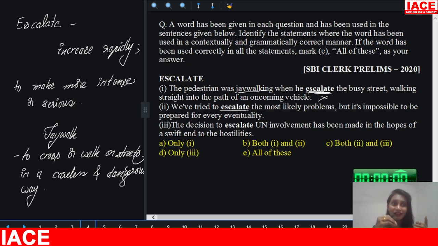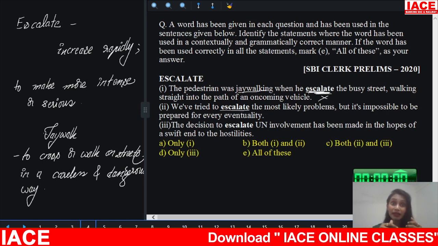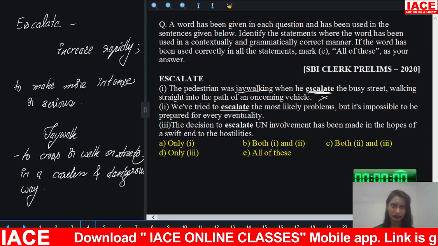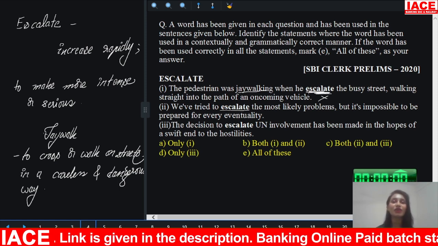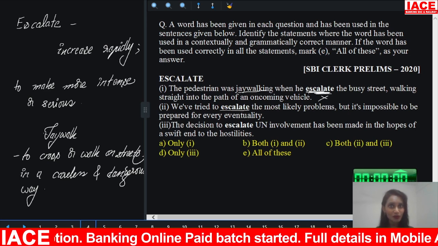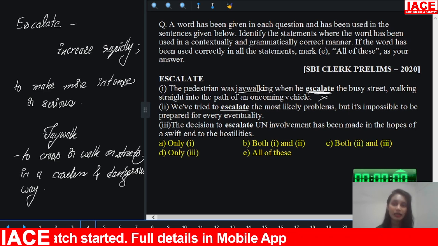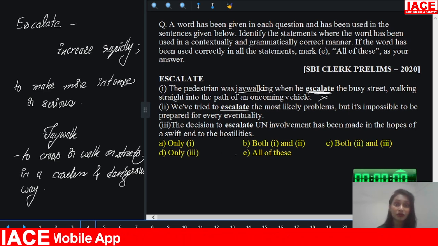So that means they will make it more serious. But here, escalate the most likely problems means they make the problems more intense. Doesn't give sense, right? No sense. But it's impossible to be prepared for every eventuality. There is no sense. You cannot take the second sentence.